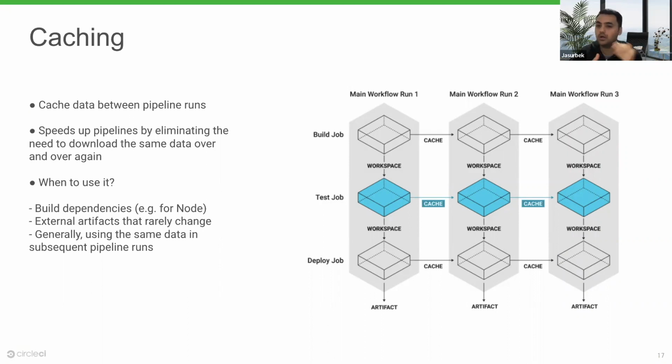Today we are not going to cover that, but we have publicly available tutorials and documentation on that. You can check that. Caching speeds up your pipelines by eliminating downloading the same dependency data over and over again.